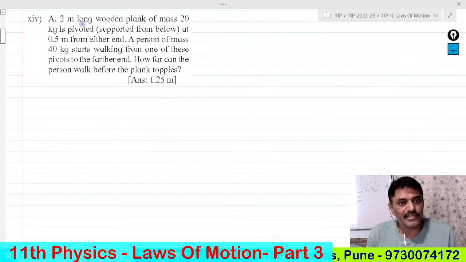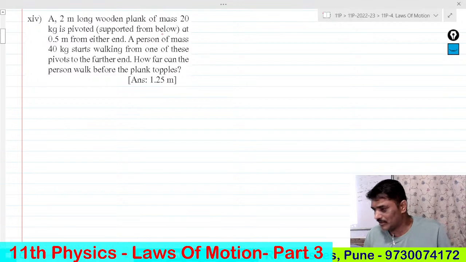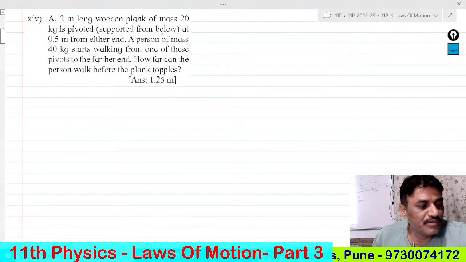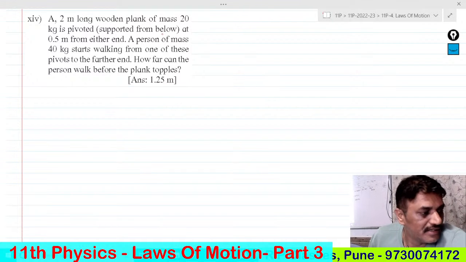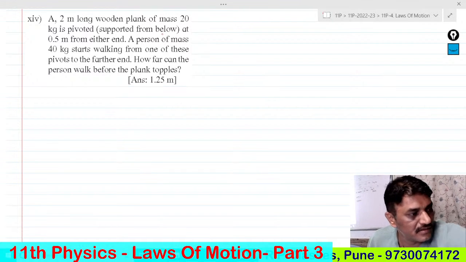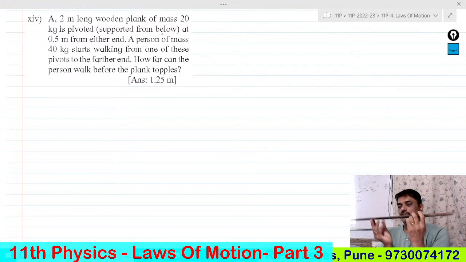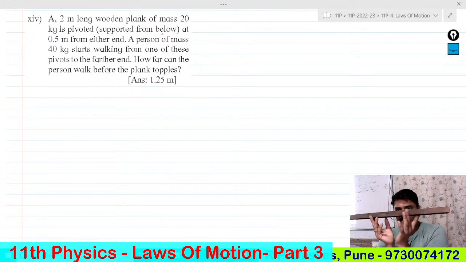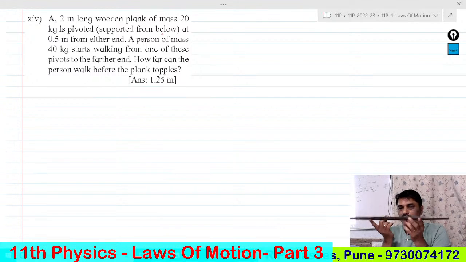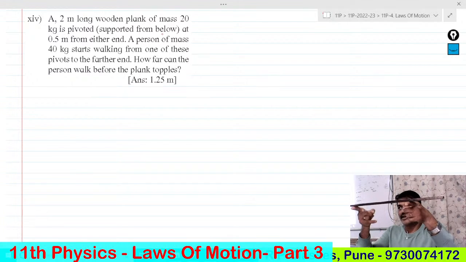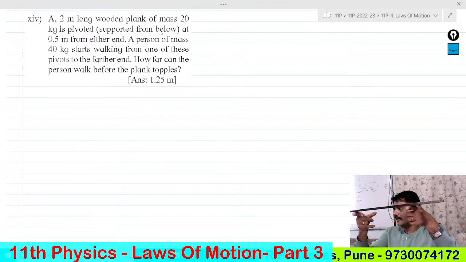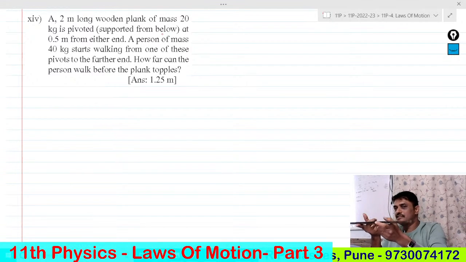A 2-meter long wooden plank of mass 20 kg is pivoted. Pivoted means supported from below. If I consider this, it is supported from below, like these are the two supports. Is this clear? And this is a single support.